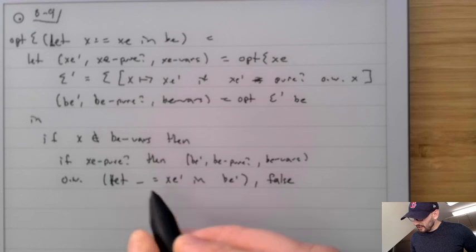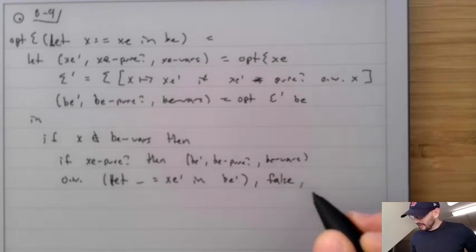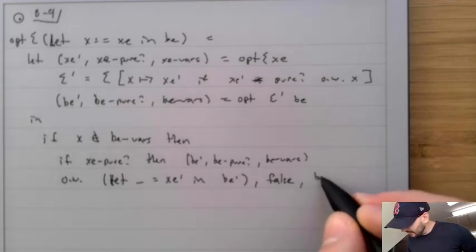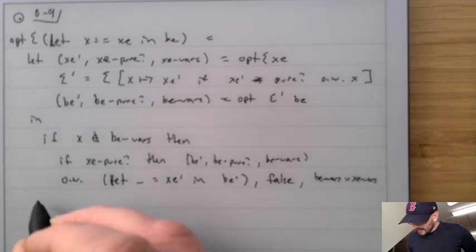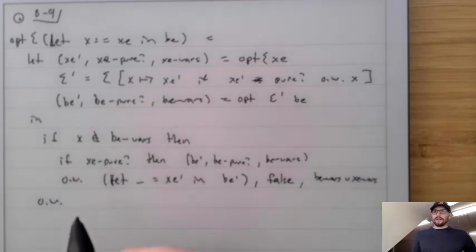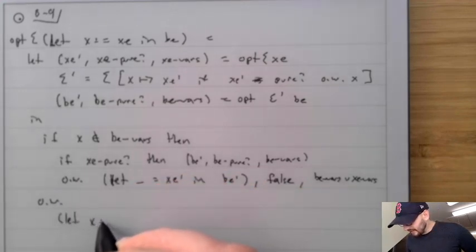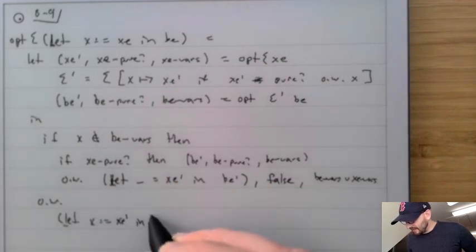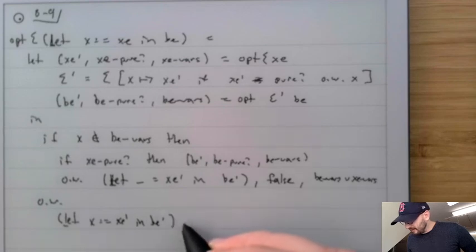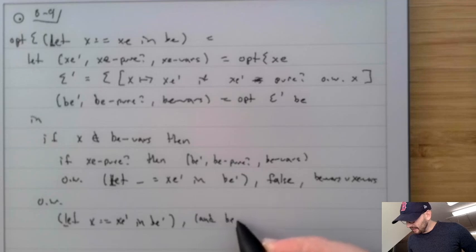And the reason is we know that xe prime is not pure, so that means that this whole thing is not pure. And the things that we look at would be the be variables unioned with the xe variables. And then otherwise, if it was mentioned, in that case we would return a let of an x equals, this is a capital let, by the way, let equals xe prime in be prime, and the purity would be the and of be pure and xe pure.